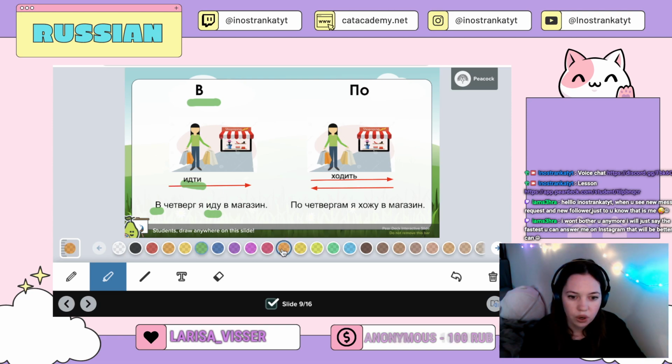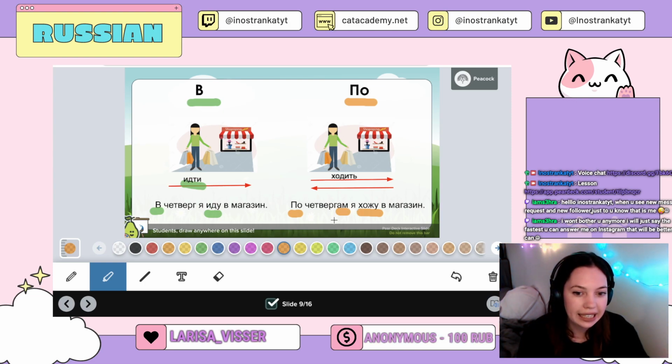But when we talk about long actions or repeated actions, routines, we have to use the preposition по. По четвергам я хожу. So also the day of the week has an ending.